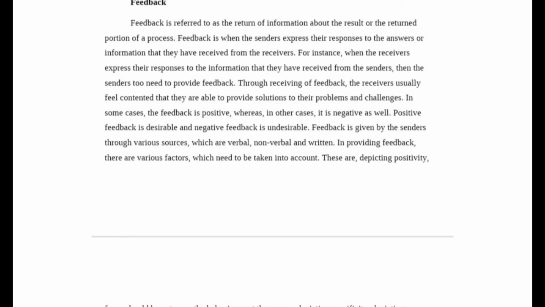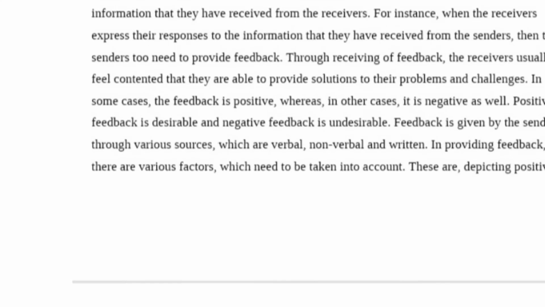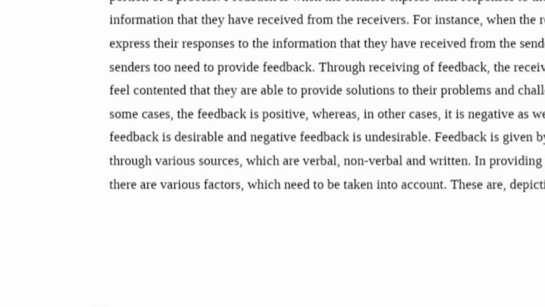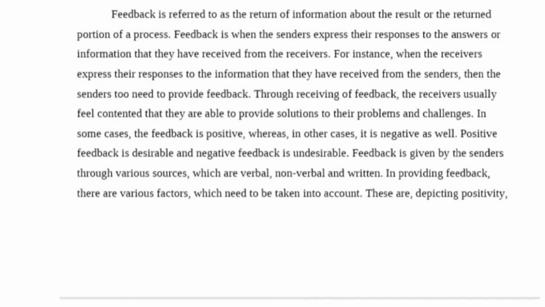For example, when the receivers express their responses to the information they have received from the senders, then the senders too need to provide feedback. Through receiving of feedback, the receivers usually feel contented. Contented means satisfied that they are able to provide solutions to their problems and challenges.